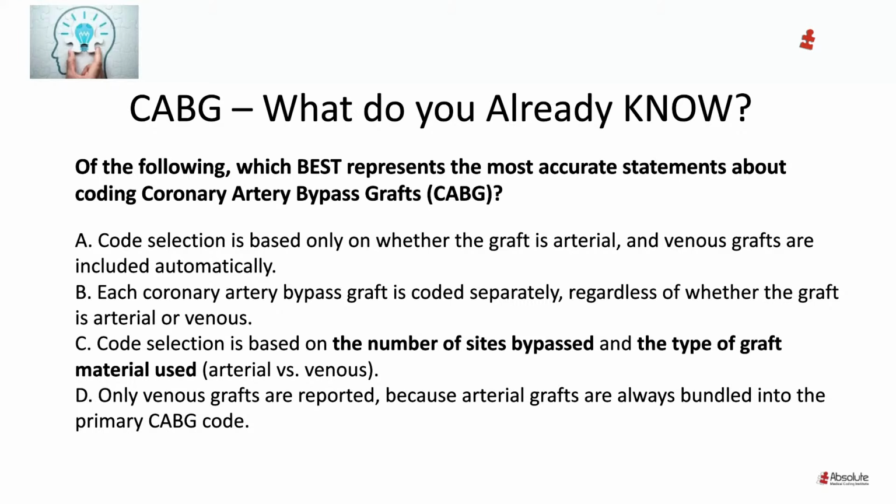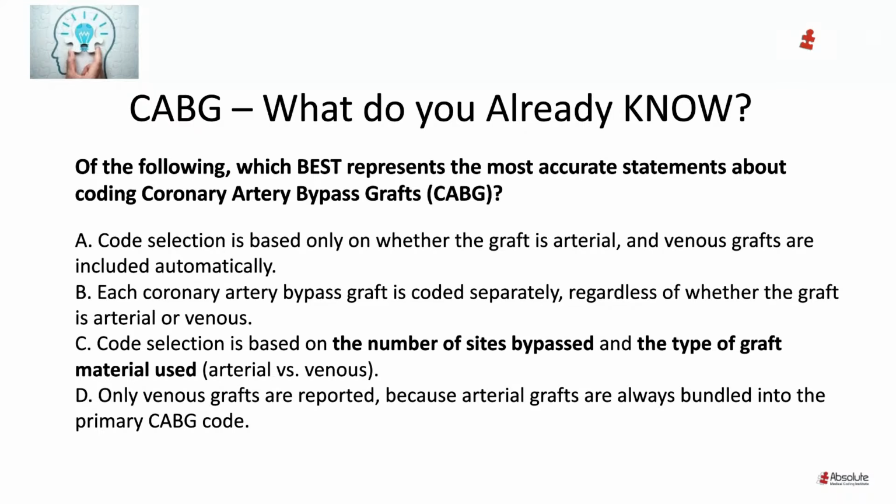All right. So, of the following, which best represents the most accurate statements about coding a CABG or coronary artery bypass grafts? A. Code selection is based only on whether the graft is arterial and venous grafts are included automatically. B. Each coronary artery bypass graft is coded separately, regardless of whether the graft is arterial or venous.